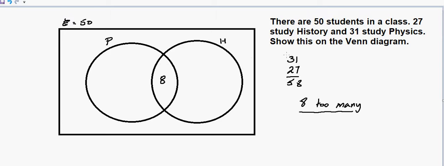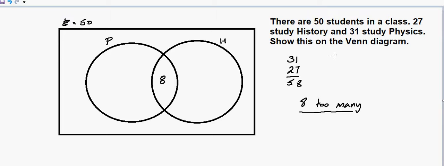So you add these two numbers together, however many you've got more than the totality, you put in the intersection. Okay, so now what we can do is we can fill out the rest. We know that all 50 students are studying physics or history, or physics and history, so all 50 will be in the circles.